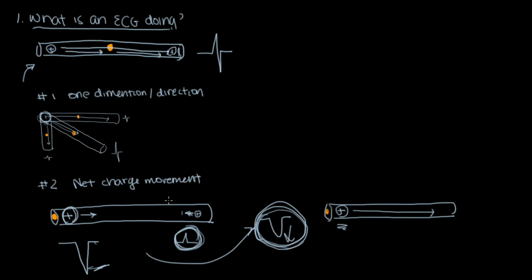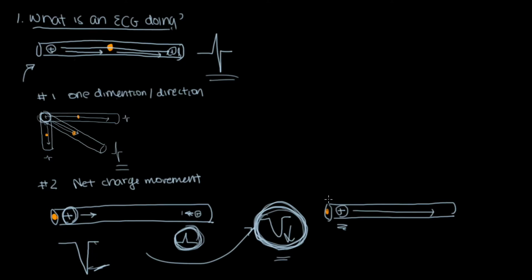And the important thing to note is that whenever you see the output of these sensors, it's going to be the net charge movement accounting for all of the charges that had gone through this tube in this dimension at a given moment.